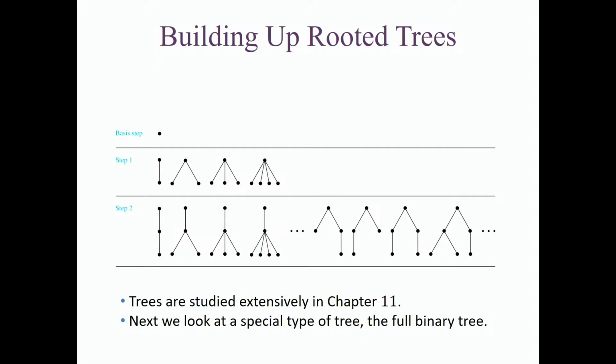If we call its root R1, then just adding an additional edge from R1 to R, we can create another rooted tree. Of course, you can have different branches, just like step 1. So maybe we can have 4 or 5 different branches connecting to different rooted trees, T1, T2, or T3.